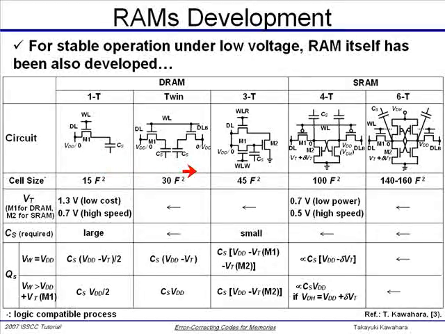For example, the twin cell stores a complementary signal, high and low, in one cell, which prevents instability. However, even with such ideas, the situation is getting worse and worse.